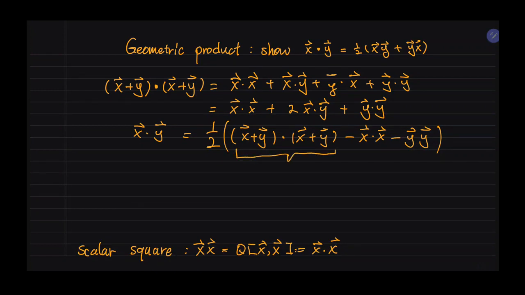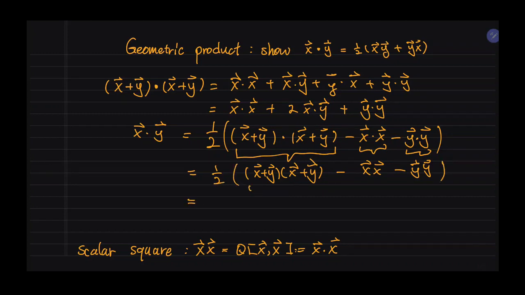Now this is the geometric product x plus y, and this minus is also x plus y, and minus x, no sorry, then minus y. Oh, sorry, here should be dot here. Yeah, so we actually get this. Then we have 1.5.